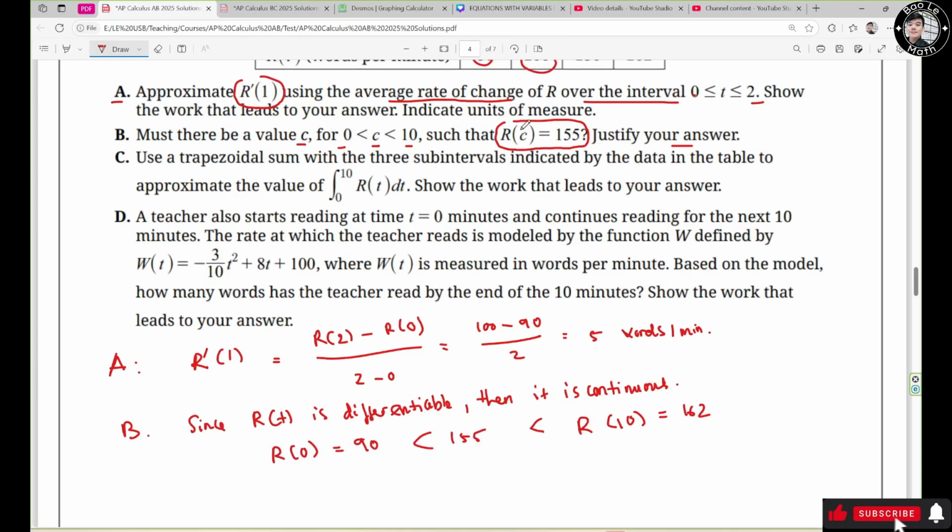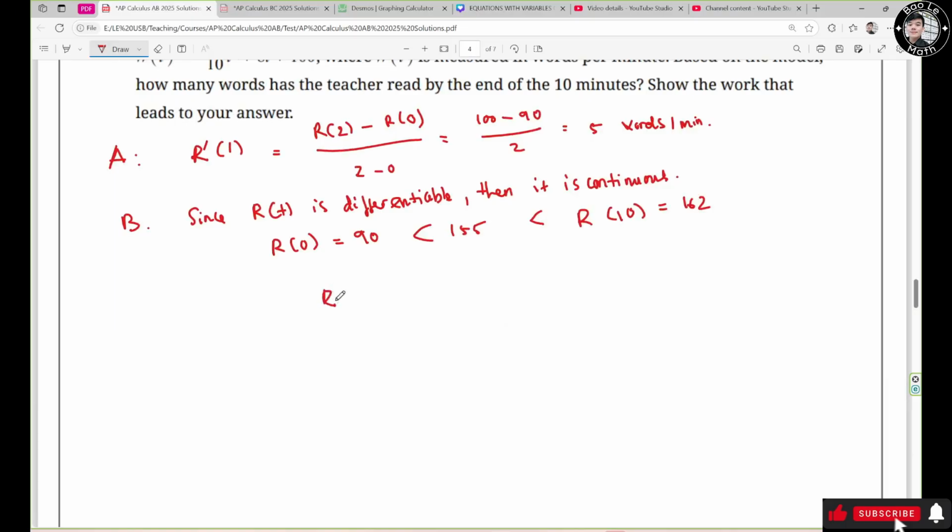But 155 is r of c, right? So you have r of 0 less than r of c less than r of 10, right? So you need to say by the intermediate value theorem, there must be a number c where c is from 0 to 10 such that r of c equals 155.